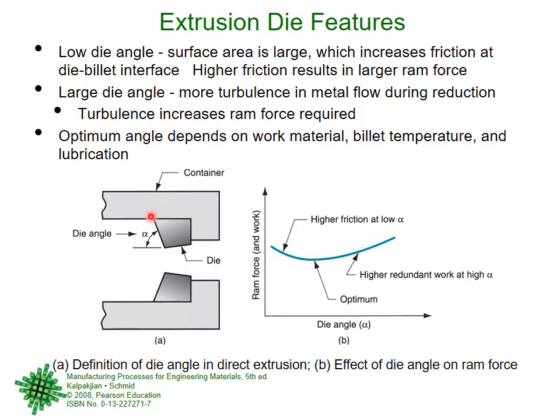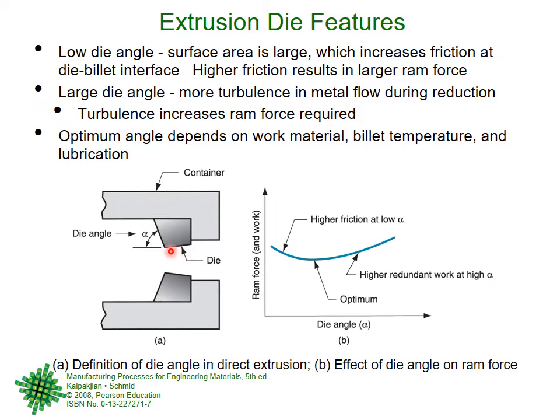Now this angle could be 90 degrees, but if it is 90 degrees, then the material will be completely pushed at the die, and once it cannot go further, then it will start to come down and come here, right? So the force will be very high. But if it is already a slope, the material will hit and then slide into the die, right? So this is the die angle alpha.